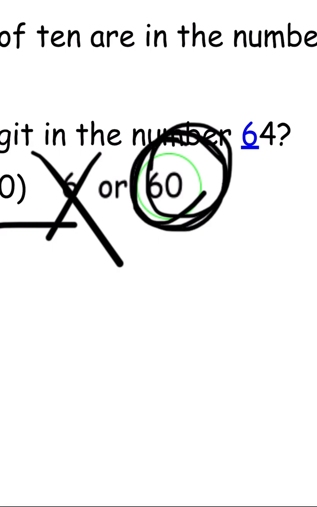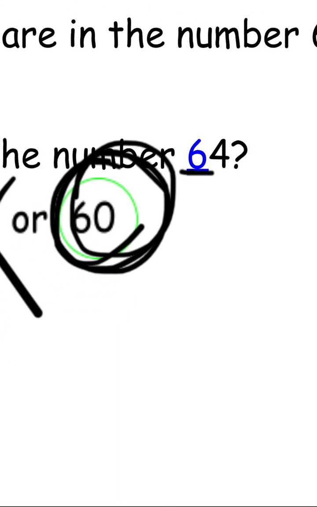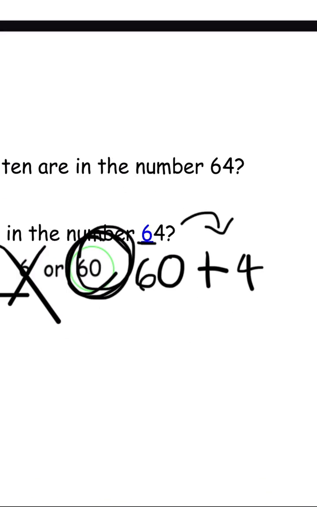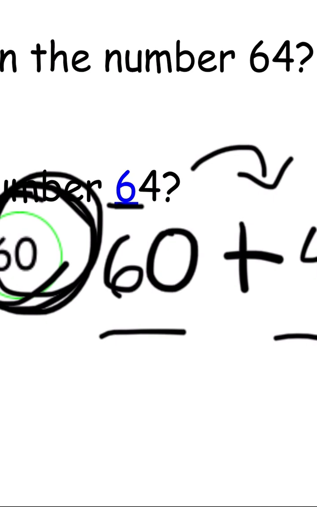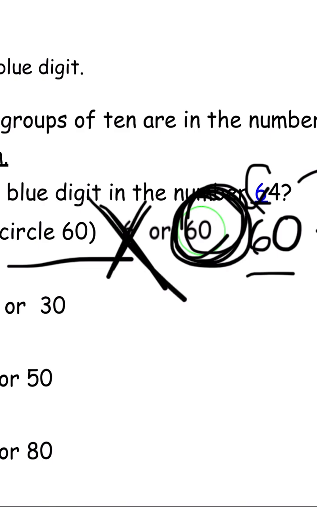So we need to circle 60. Because 6 over here is on the tens place. What's tens place? If you separate it, we can write this as 60 plus 4. So this shows that 6 is on the tens place, not the ones. So we need to circle 60 rather than 6.